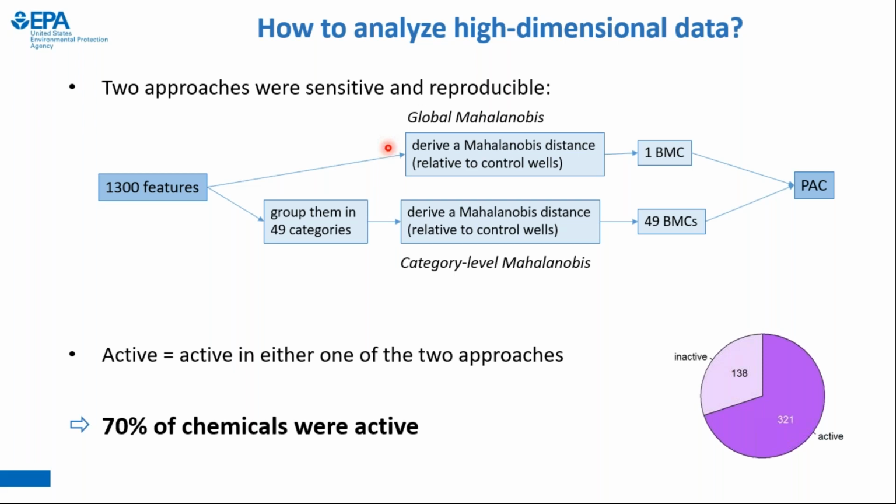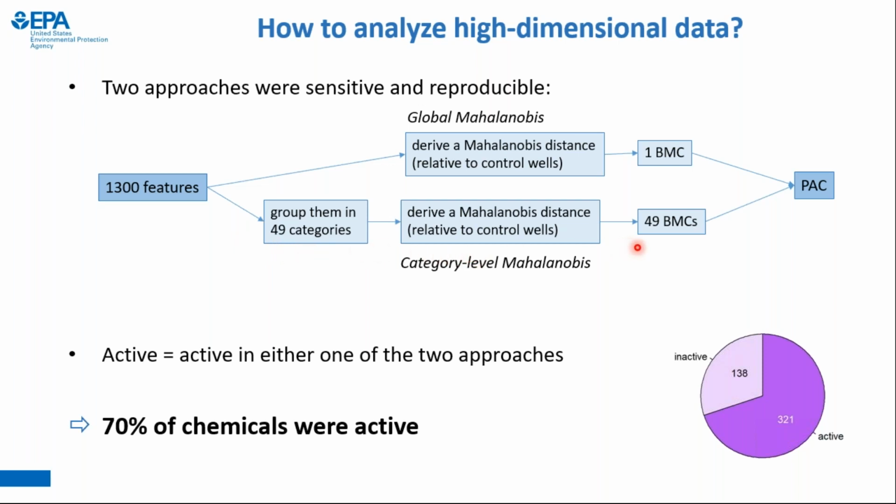So we just fit one curve for each chemical that gives us one benchmark concentration, and then we say that this is the phenotype altering concentration. In the second approach, we group these 1,300 features into 49 categories. Each feature belongs to exactly one feature category. And then we do the same procedure with the Mahalanobis distance, but within categories.